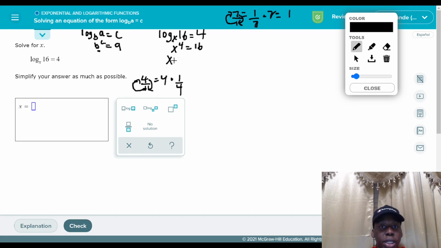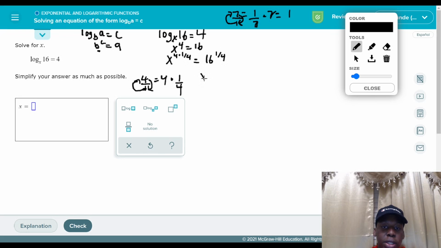That's the same thing we did in example 1 too. If you can recall, we were dealing with x squared in example 1, and we wanted to remove the 2 attached to the x. In order for us to do that, we found the reciprocal and multiplied it by 2. So that's the same thing we do here. So this is 4 times 1 over 4 equals 16 to the power 1 over 4.